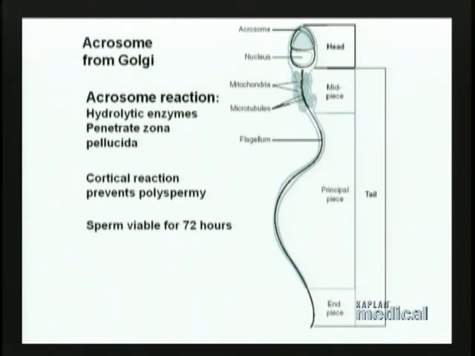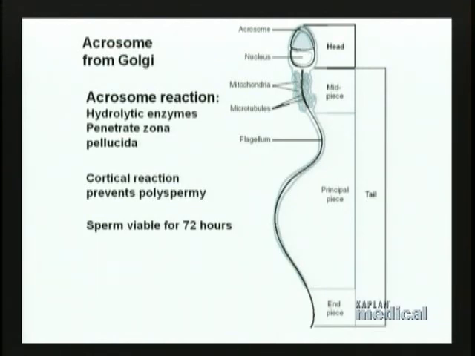Remember that the acrosome is derived from the Golgi apparatus, and it contains the hydrolytic enzymes which will enable the head of the sperm cell to penetrate the zona pellucida, a necessary event if fertilization is to occur. And once fertilization occurs, we know that cortical granules are released from the oocyte that prevent additional sperm penetration.